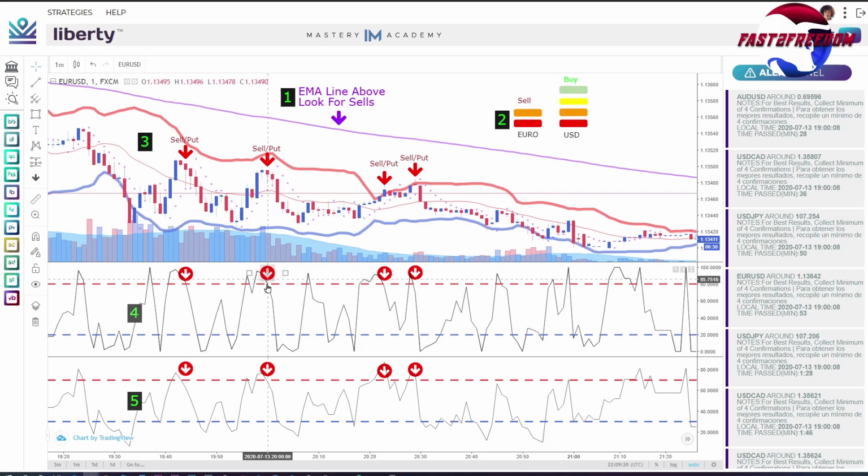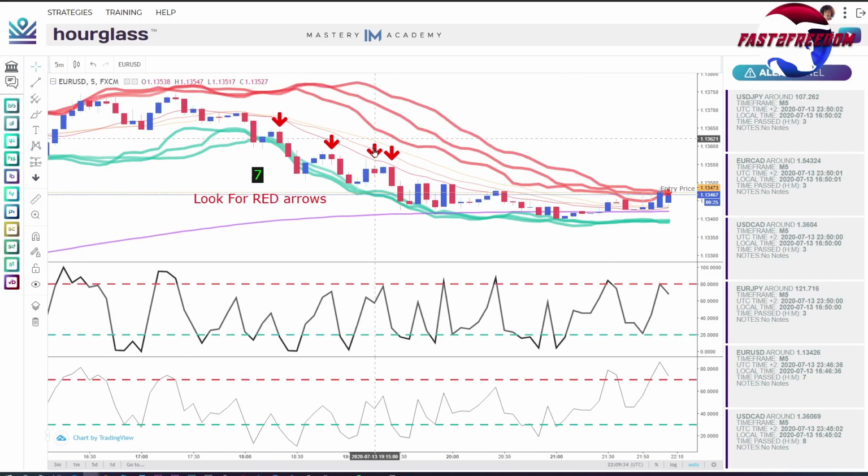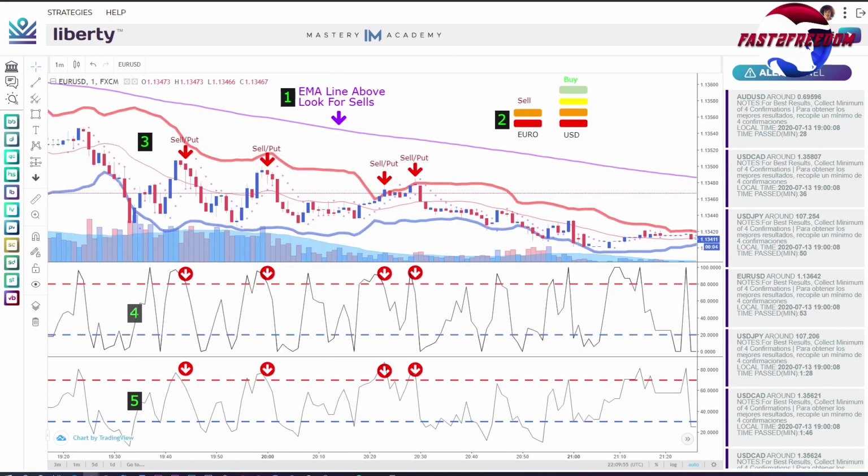When we see this starting to cross down, all we're doing is waiting for the red arrow to appear, just like it did all the way at the end of the chart. You see that it gave you an entry price, which is 1.13473. So that's all we're waiting for. Once we see that red arrow, that's another confirmation for us to get in on this trade.